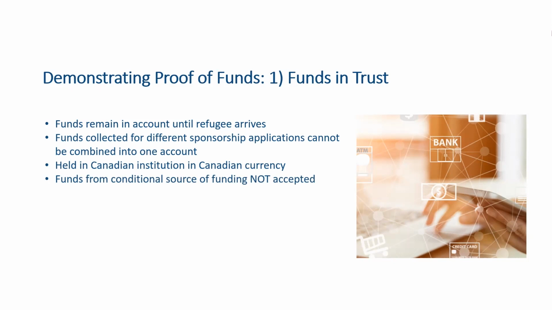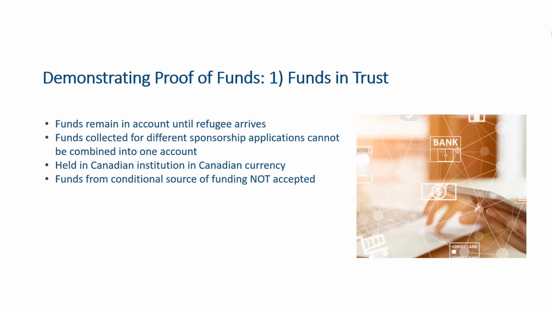So let's say you're working with a CG or a co-sponsor, and they say to you, you're sponsoring someone that's single, and you need a minimum of $16,500 from them to demonstrate proof of funds for that application.